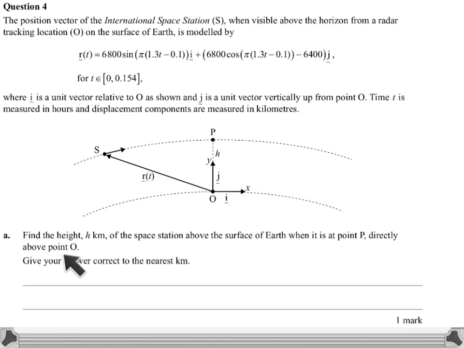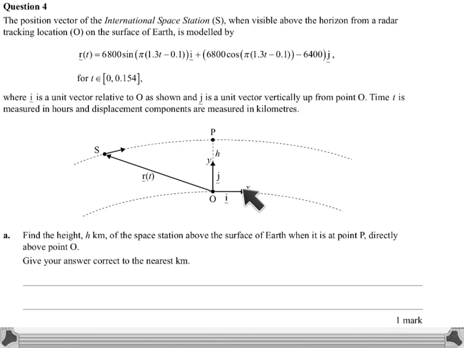So find the height, h kilometers, of the space station above the surface of the Earth when it is at point P directly above O. So directly above O is way up here. Now, at point P, the I component is 0.